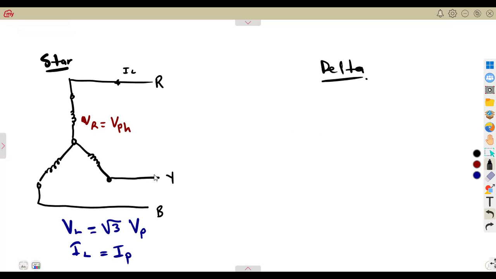Here I'm just giving you a sketch of what you are supposed to consider. Remember in your delta, we are going to have this time our coils connected like this. We're going to have another part here, then another part.